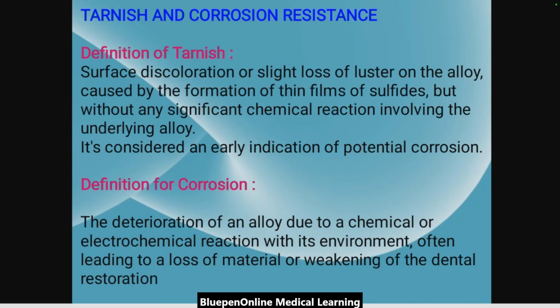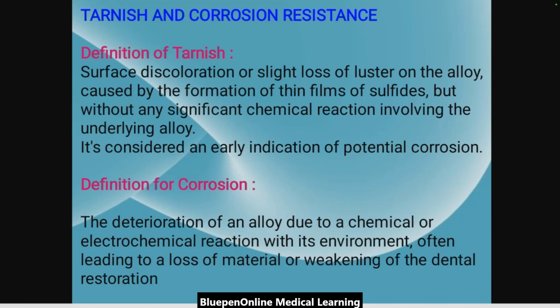But it is considered as an early indication of potential corrosion. If tarnish has not been taken care of, if the final restoration has not been finished properly, then tarnish will occur, surface discoloration will start, and this will lead to corrosion. So basically, tarnish is a precursor of corrosion. What is corrosion?